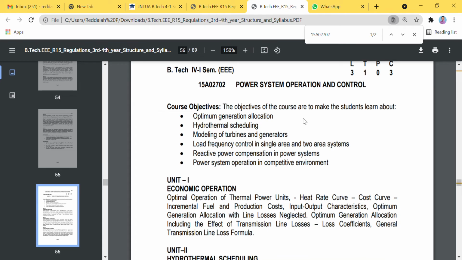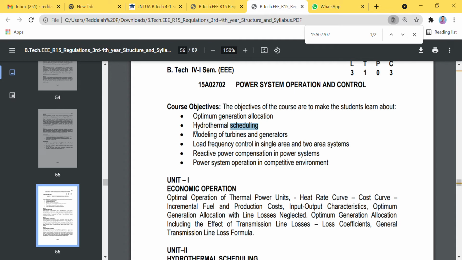The main objective of power system operation and control is optimum generation allocation. That means the power cost, the unit cost will be reduced when you optimally allocate the power plants. Power plants are optimally allocated in the sense, how to operate power plants so that the maximum running cost reduces, plus the overall cost reduces. Like that hydro thermal scheduling, hydro power plant and thermal power plant, nowadays we are using both.